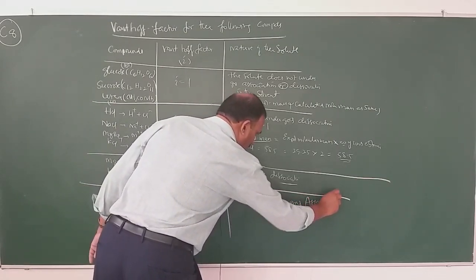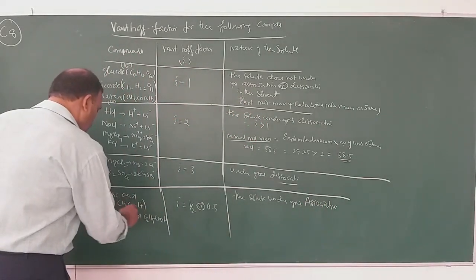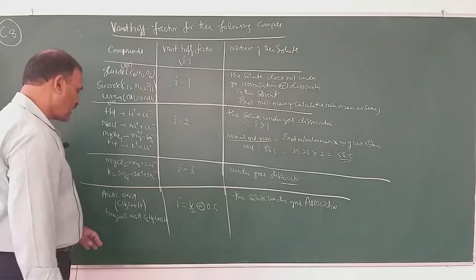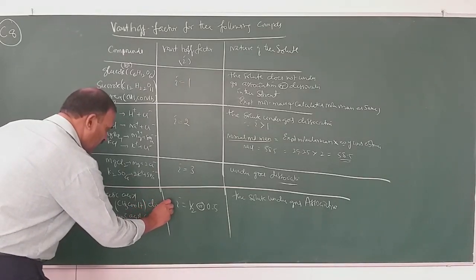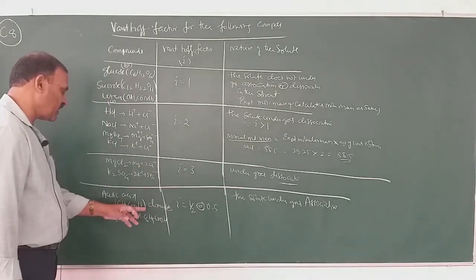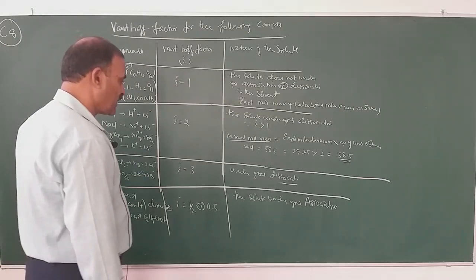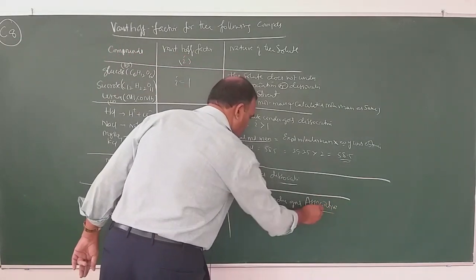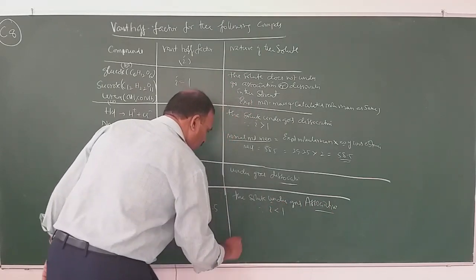So due to association, how many molecules does it associate? Two molecules associate. This process is known as dimerization. When two molecules associate, dimerization. When three molecules associate, trimerization, etc. The solute undergoes association because i is less than 1.